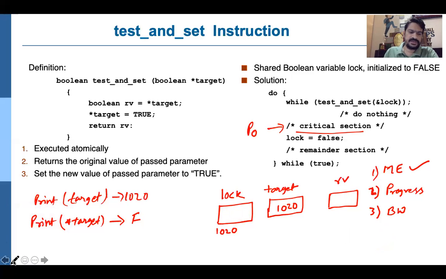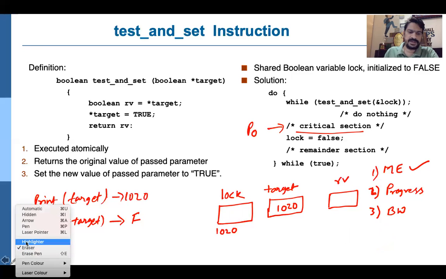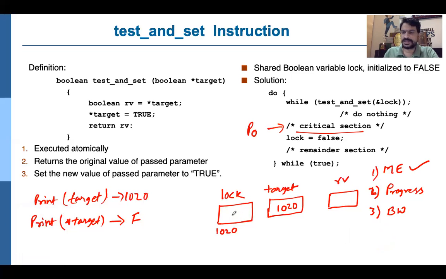Progress says that if an interested process wants to execute the critical section, it can execute, and nobody will stop it. So let's say the lock value, because it should always be initialized with false, we'll initialize with false. Let's say P0 is executing it first. So we have one process, P0.